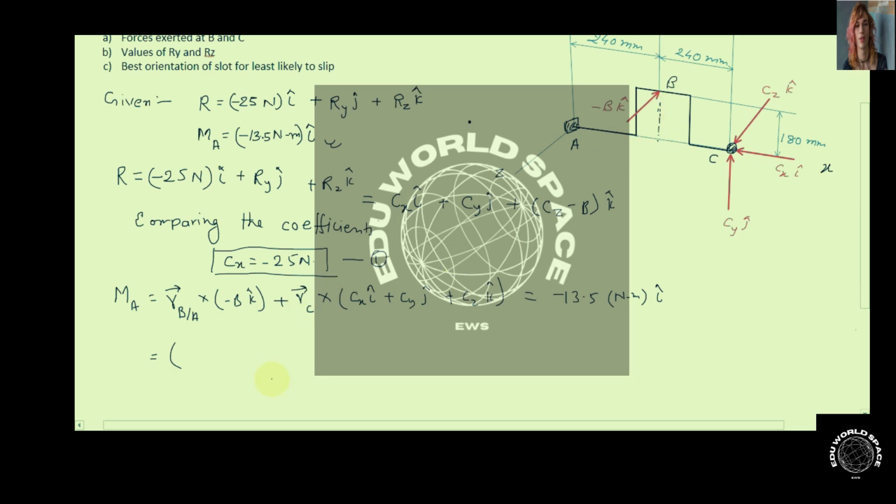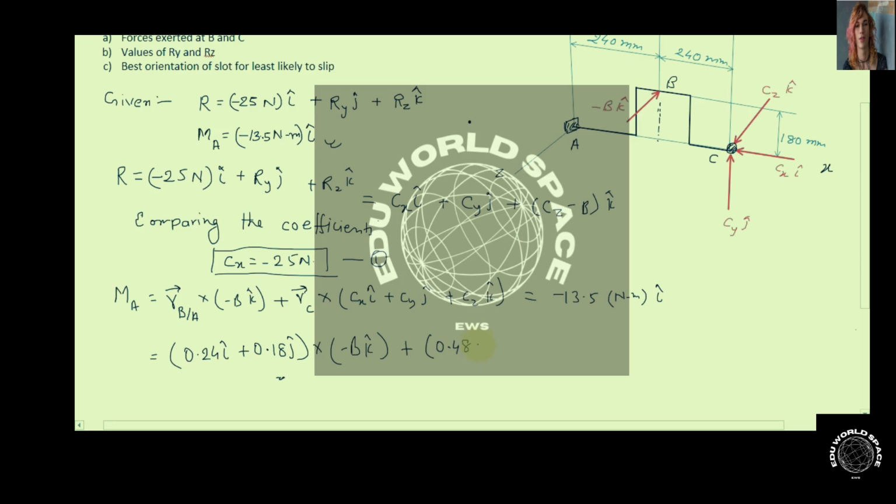Converting to meters, r_B with respect to A is 0.24 i cap plus 0.18 j cap, multiplied with minus B k cap, plus the position vector of C. Since point C is on the x-axis, there will be only a non-zero coefficient of i cap, and it will be 0.48 meter, since that is 480 mm.